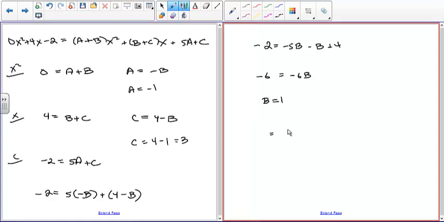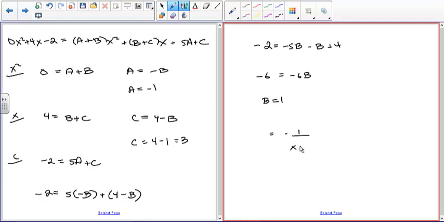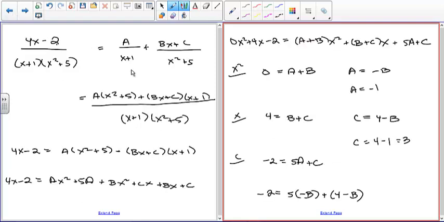So now the original expression becomes a, which is negative 1. So you get negative 1 over x, the linear factor, which was x plus 1. And then you get plus b, which is 1, 1 times bx, so 1x. And c was equal to 3, plus 3 divided by the quadratic term, which was x squared plus 5.